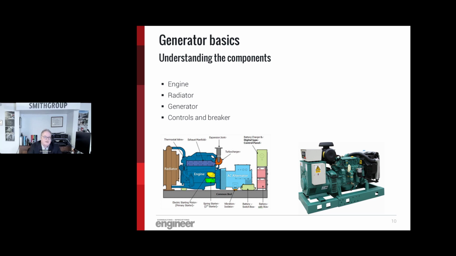Zach will talk about that a little bit later as we talk about some of the architectural issues. The radiator can also be located at the generator or remotely if it's inside a building, because these require a significant amount of air when you're trying to cool and run a generator.